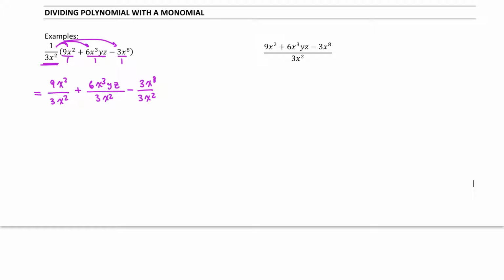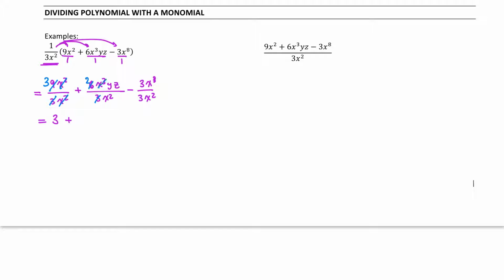Now to simplify, 9 divided by 3 gives me 3. And in terms of variables, in the first term, x squared divided by x squared is just 1. It just cancels out because any number divided by itself is 1. And I'm left with 3 for my first term, plus 6 divided by 3 gives me 2.